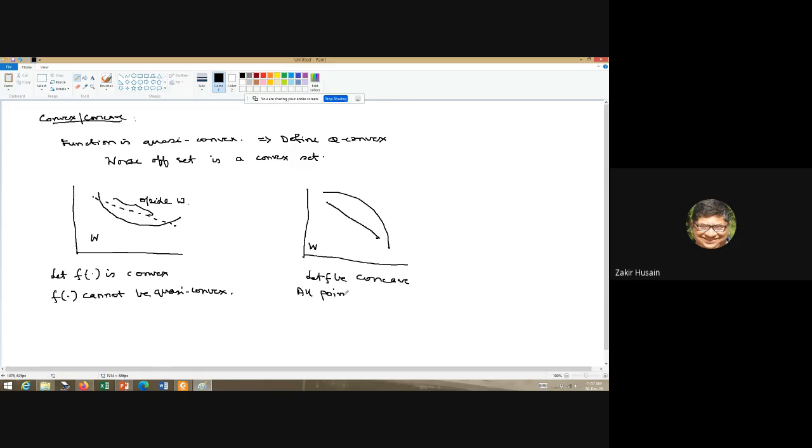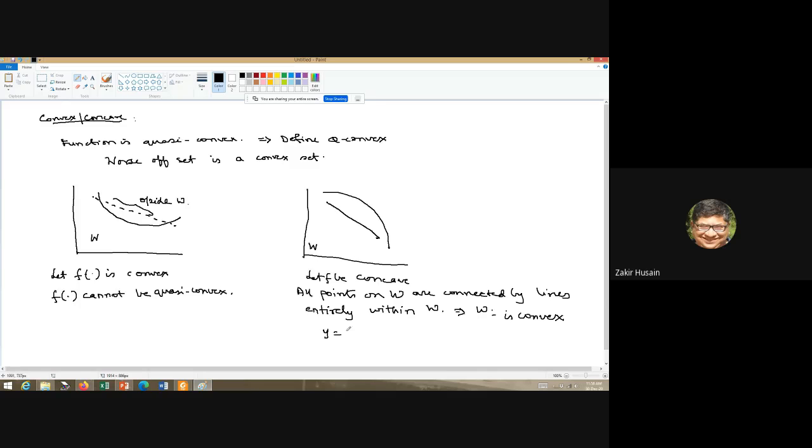Here we can see that all points on W are connected by lines which are entirely within W. So it implies W is convex.